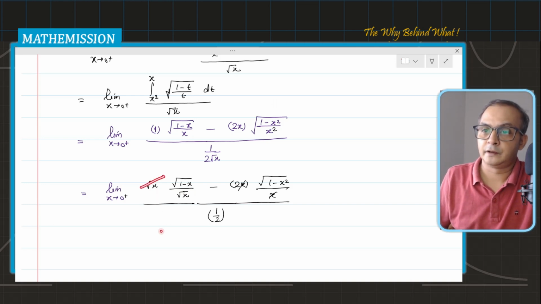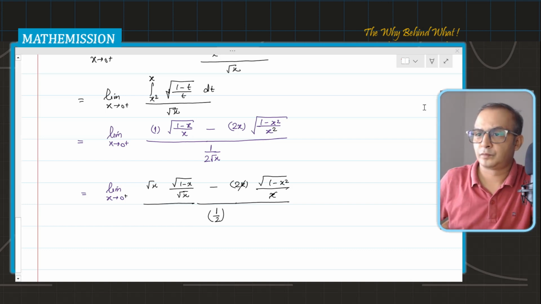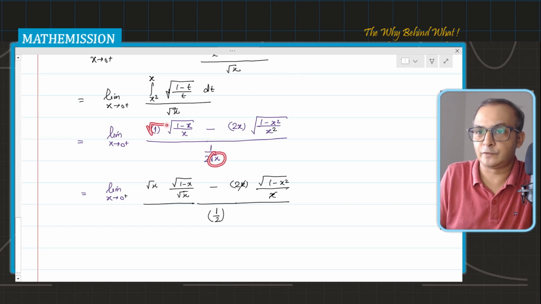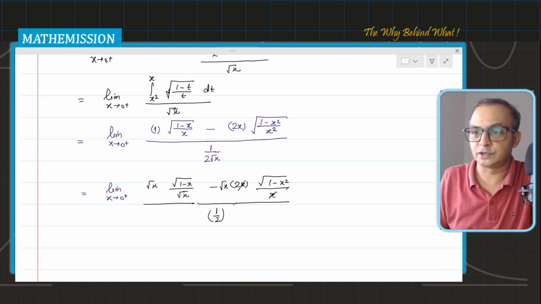Now you notice why I have to substitute the value x there. But one thing: when I sent this root x to the top, I multiplied it to the first term, I didn't multiply here, so I have to be very careful in calculation. I must write this root x there.